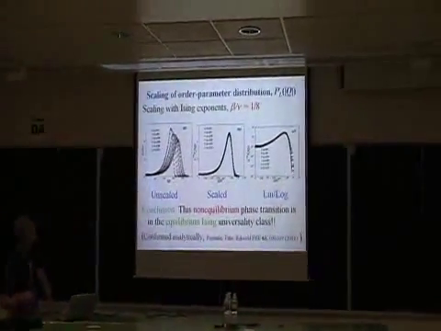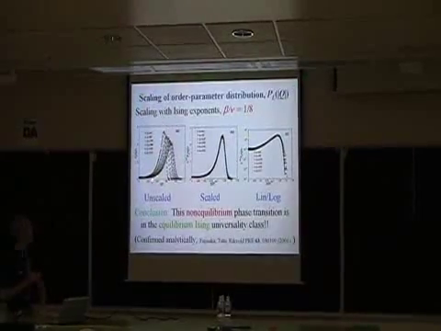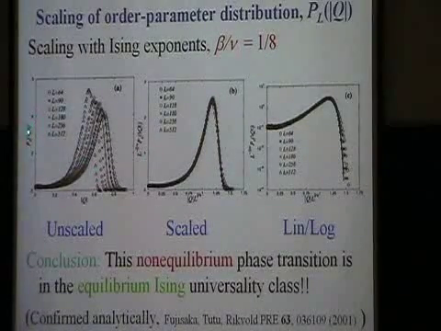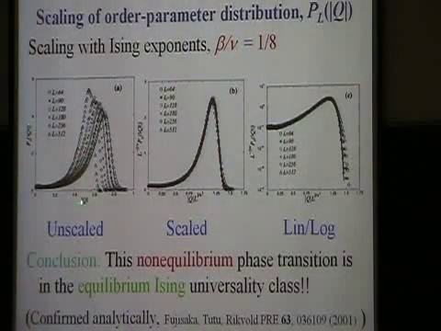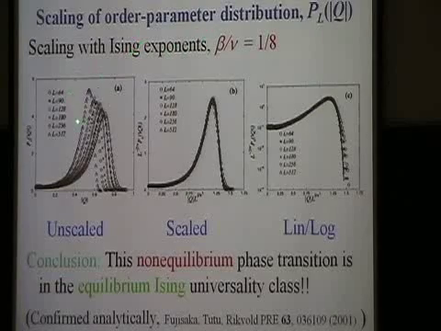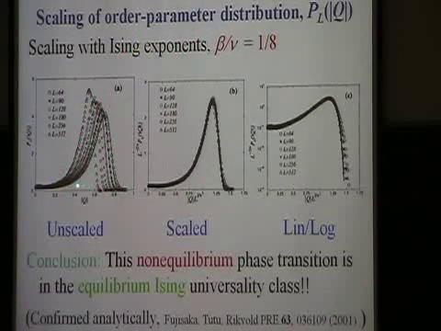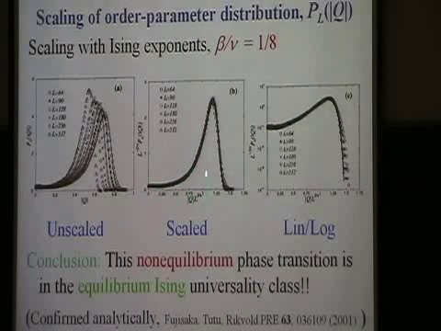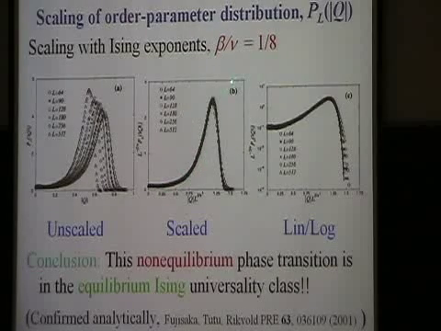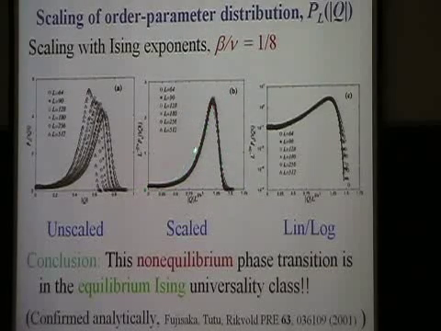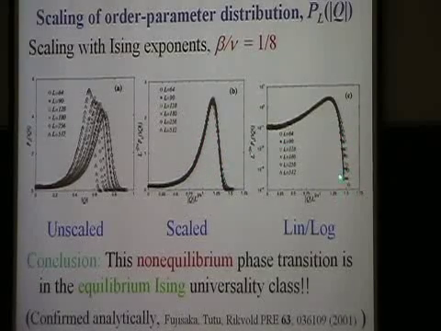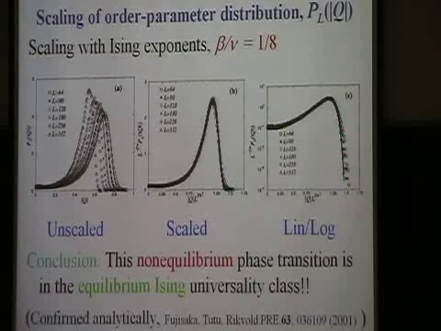All right. So here's now the order parameter distribution. Calculating the probability distribution of Q as a function of Q for different system sizes at the critical point. Here's the unscaled result. Here I am scaling with the Ising critical exponent beta over nu equals 1/8. You see very excellent data collapse. Not only that, and this line here should be in blinking lights of a different color.